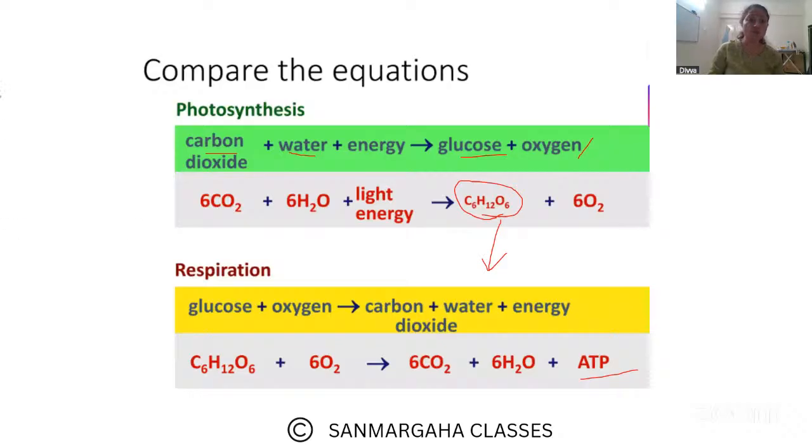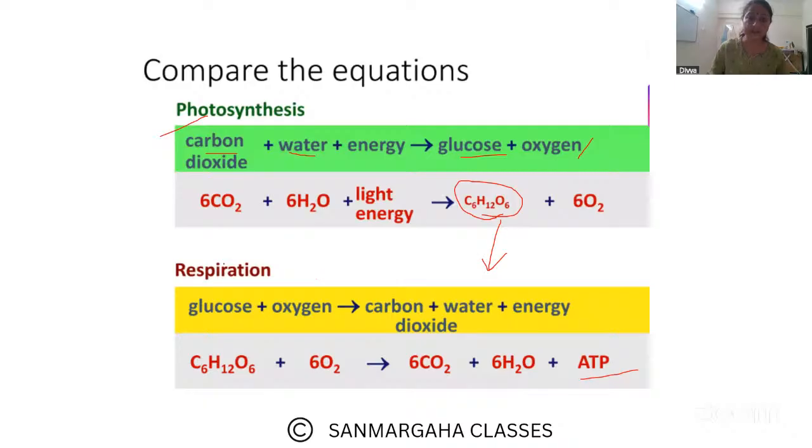Photosynthesis takes place in plants, in the plant leaf, in the chloroplast, where chlorophyll is present. Respiration takes place in mitochondria.